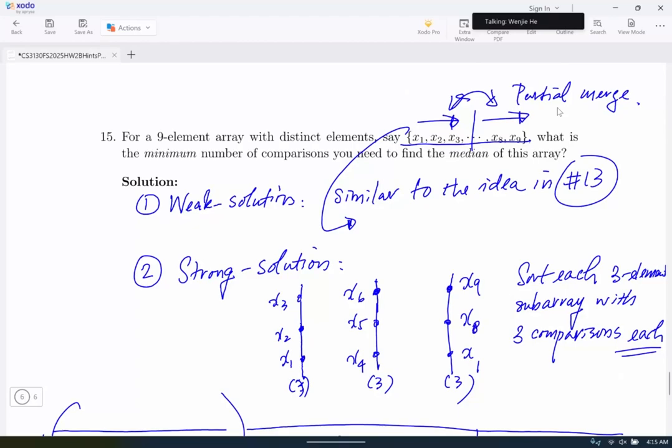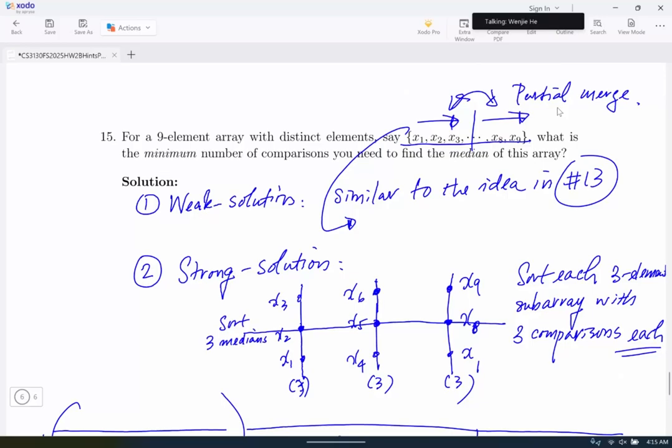Then we assume the median of the first ordered subarray, the median of the second subarray, and the third. Next round, we sort these 3 medians.